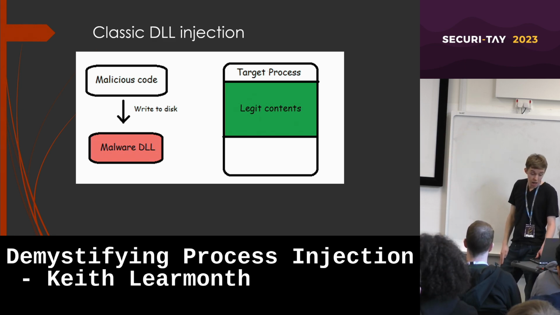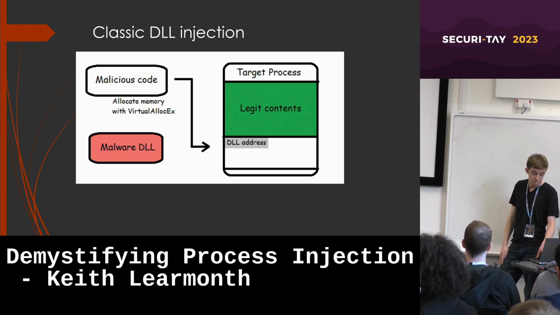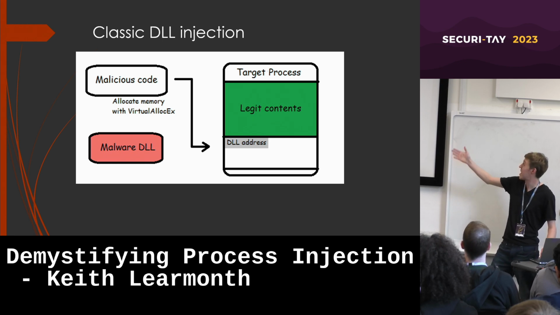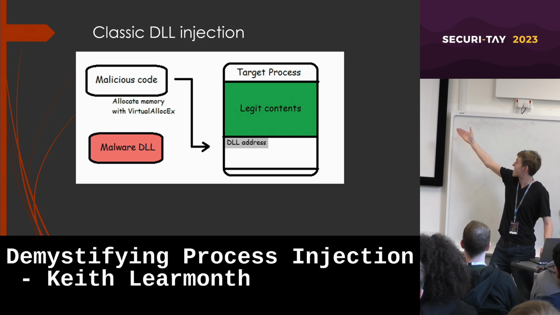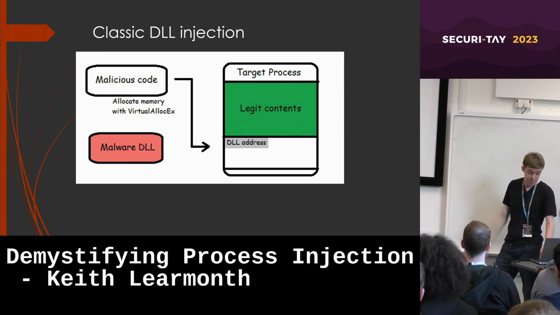First of all, the malicious code identifies the process it wants to target, and then it uses a function called OpenProcess, which gives it a handle. Essentially, it gives it access to this process, and thus the memory. You use VirtualAlloc, which was mentioned in the previous talk.